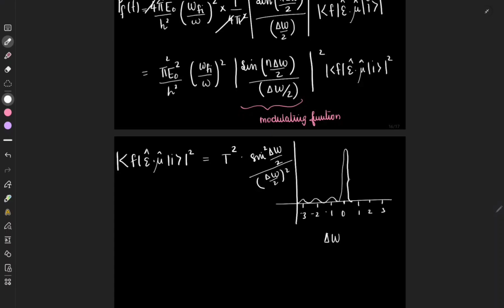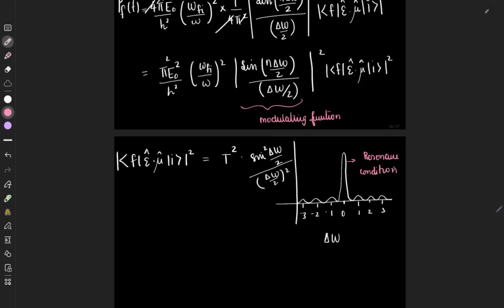Okay. So this is how the graph looks like. So this peak over here is called the resonance condition.